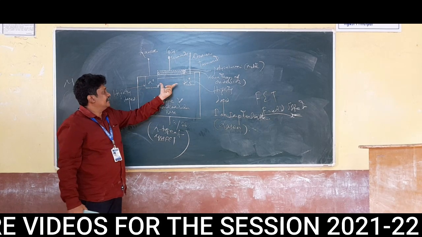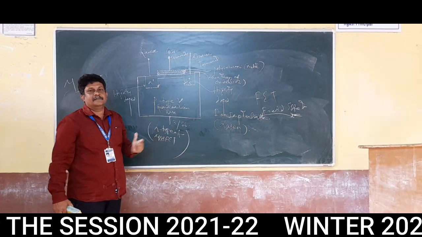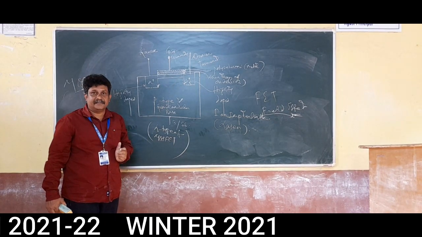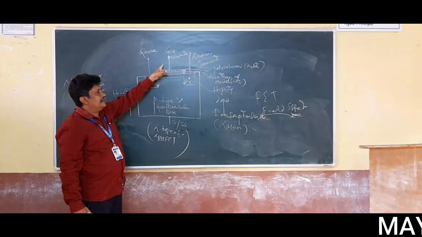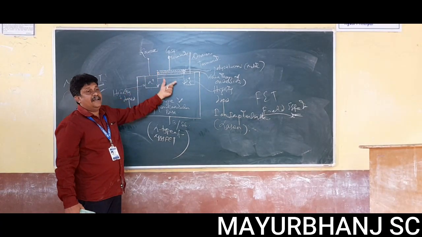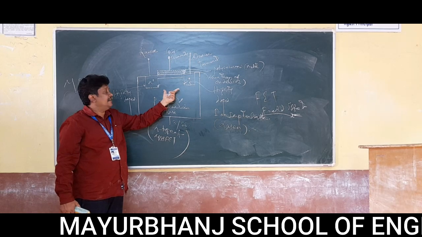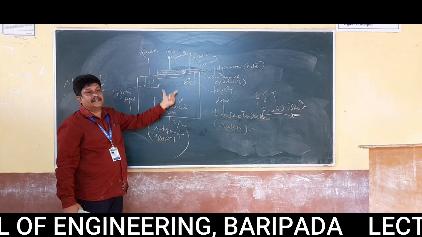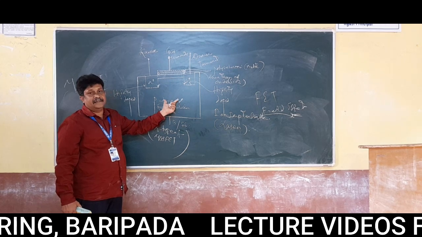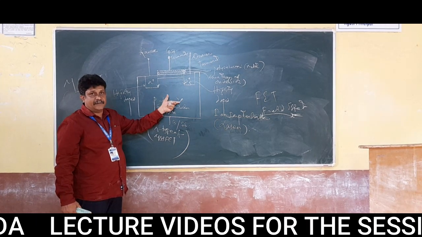That is the reason this is called a field effect transistor. For N channel, it will require a positive field, and for P channel, it will require a negative field at the gate terminal. That part will be studied in the next part.